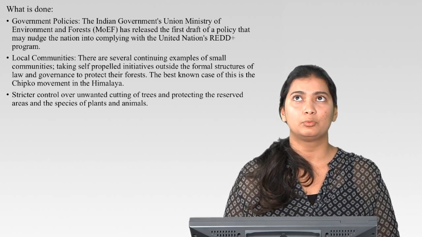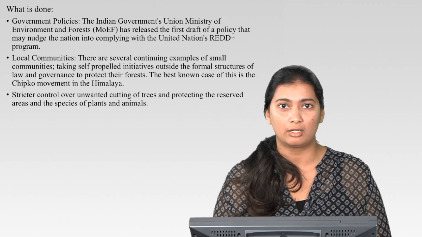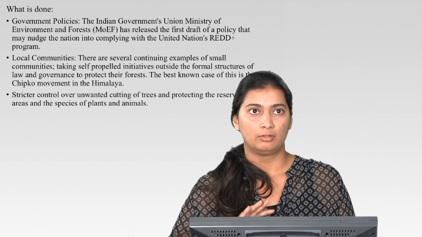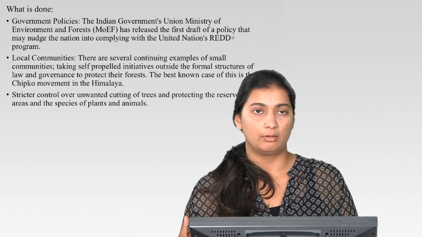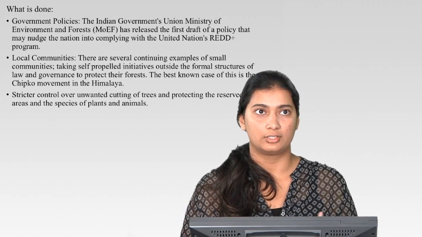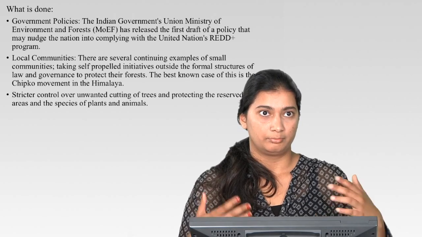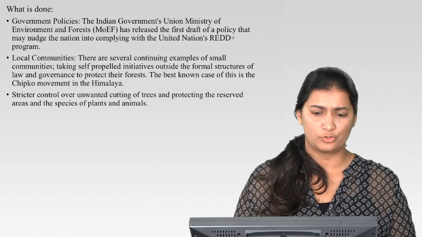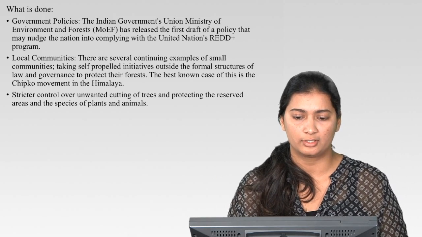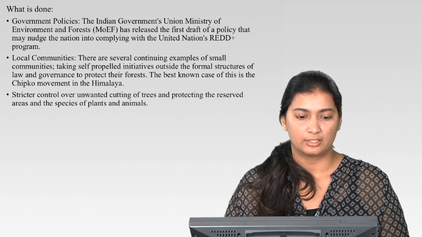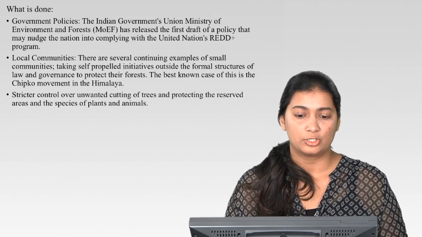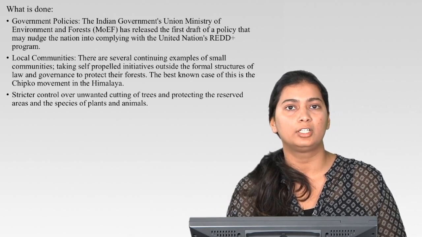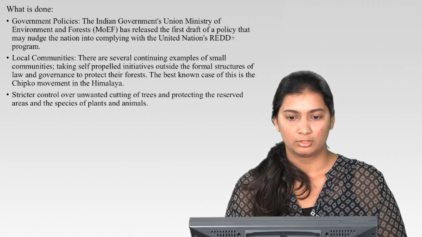I guess that was again around 20 years back, and that was one of the main ways these people started protesting. It started with this. Also, there are stricter controls over unwanted cutting of trees and protecting the reserved areas and the species of plants and animals. This you can see by the success story of the recovery of the tiger population.